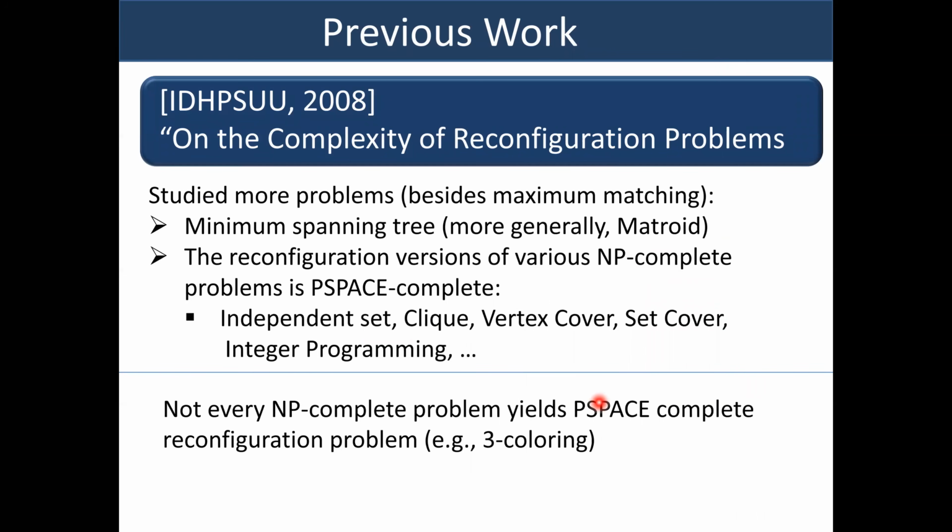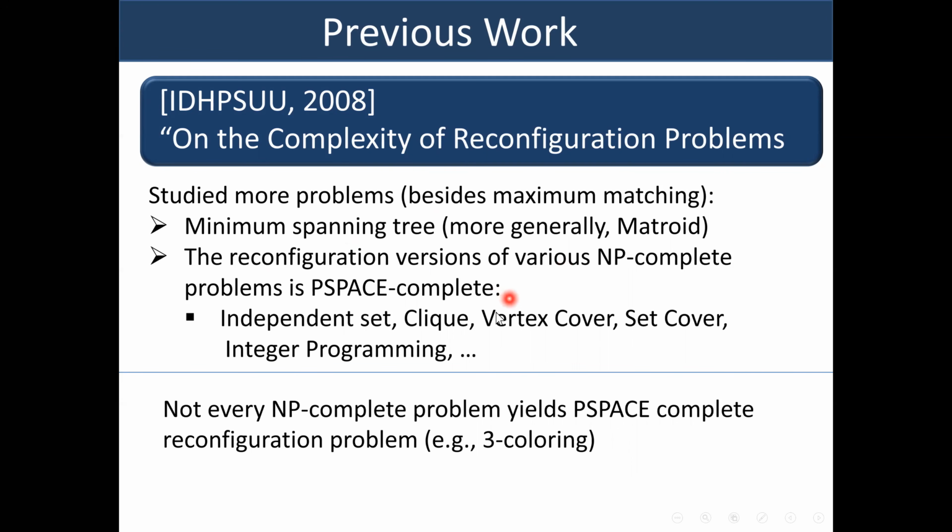In the same paper, they studied some other problems. For the minimum spanning tree problem, and more generally for matroid problems, they gave a polynomial time algorithm. And they also showed that quite naturally, the reconfiguration versions of various NP-complete problems are PSPACE-complete.